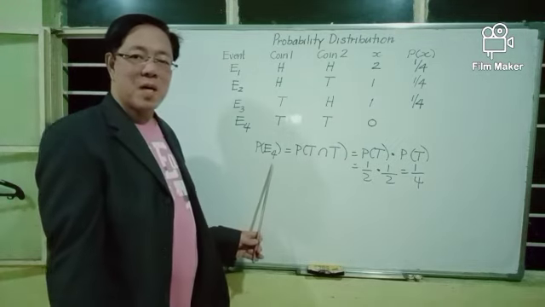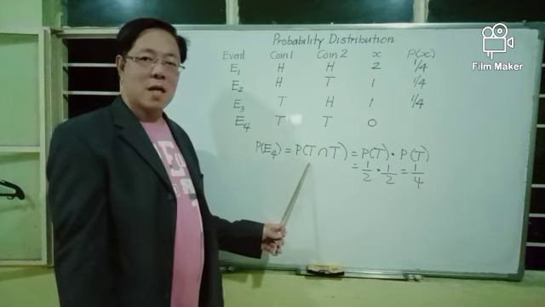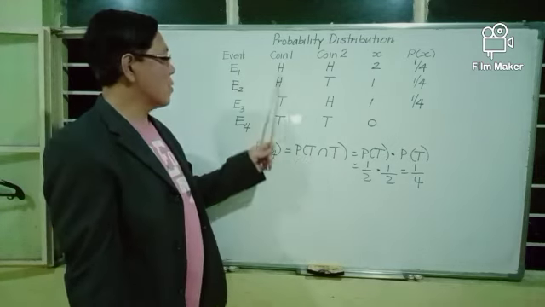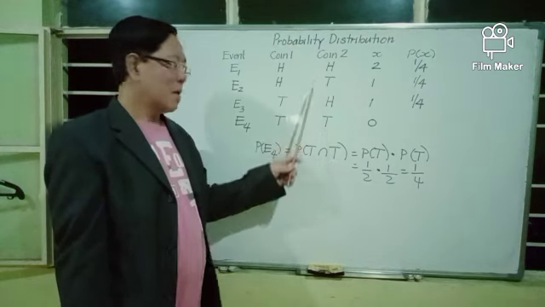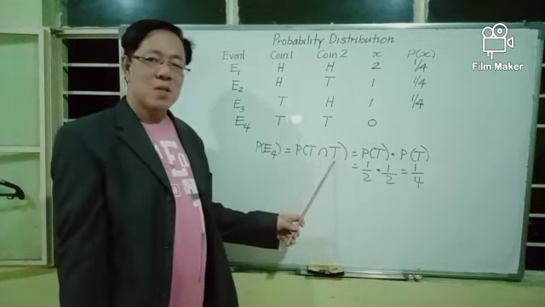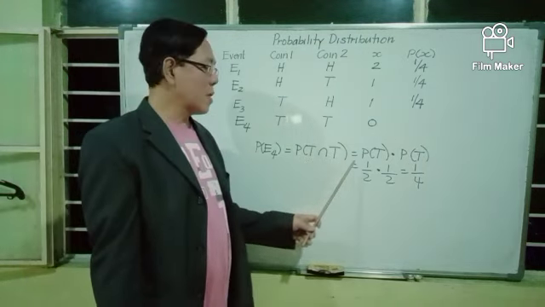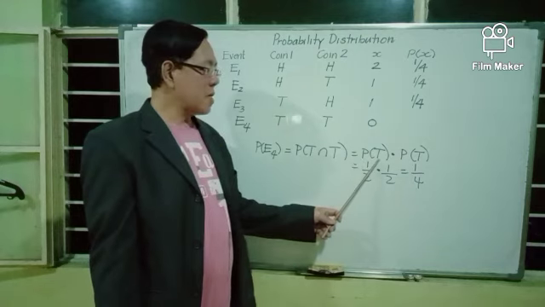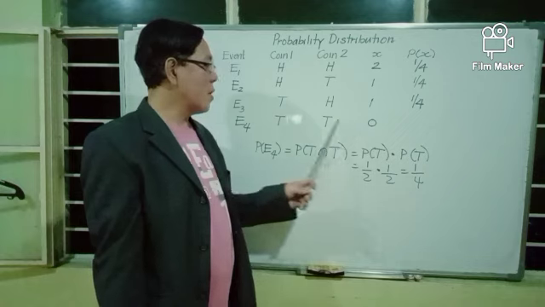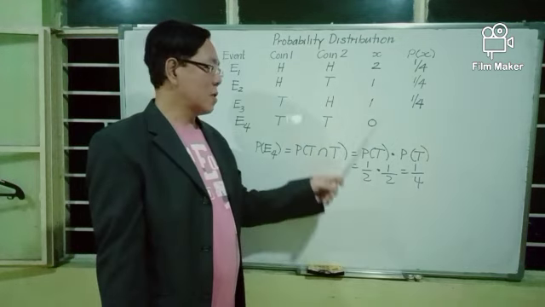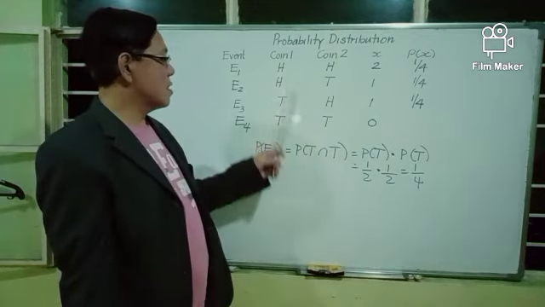The probability of event E4 is equal to the probability of getting tail in the first coin and getting tail in the second coin. By multiplication principle, the probability of getting tail in the first coin and tail in the second coin equals the probability of getting tail in the first coin multiplied by the probability of getting tail in the second coin. The probability of getting tail in the first coin is 1 over 2.